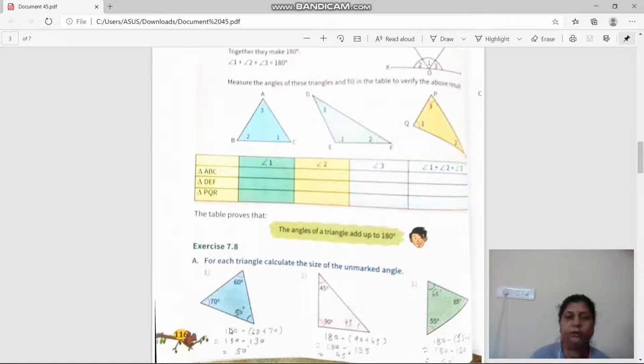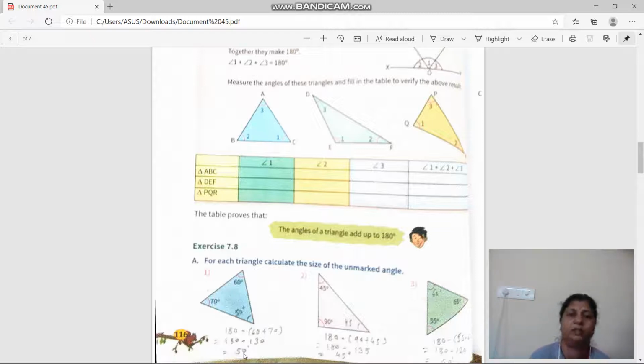You have to write like this: 180 minus, in bracket, 60 plus 70. 60 and 70 are the two angles given of this triangle. So 60 plus 70 is 130. So 180 minus 130, we get 50.